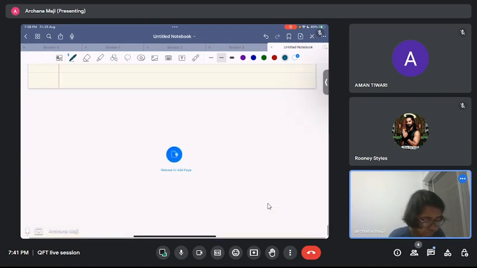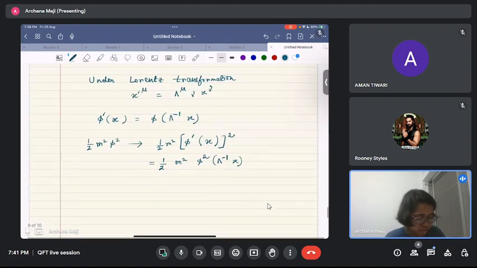Okay, so it's invariant under Lorentz transformation.